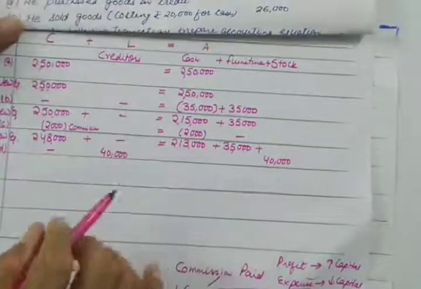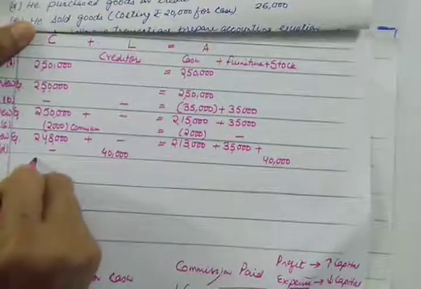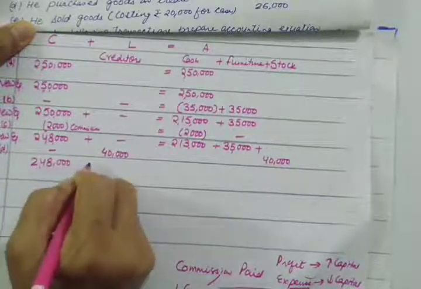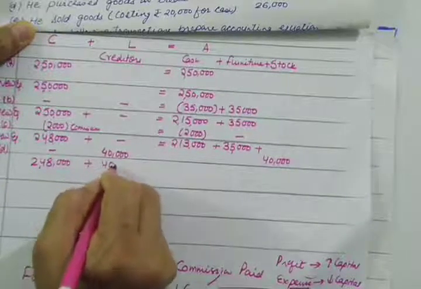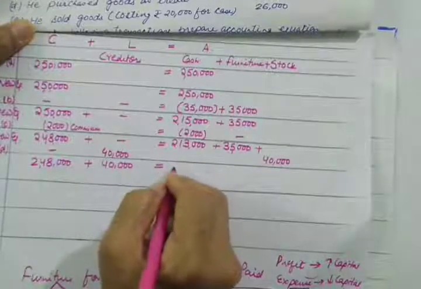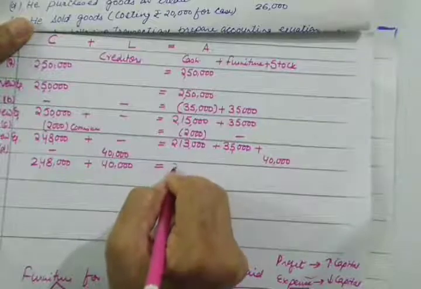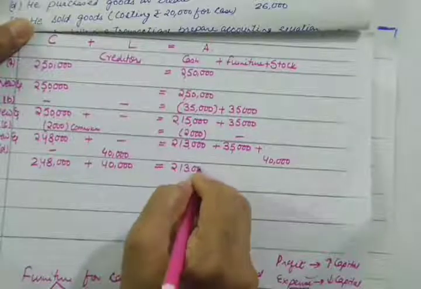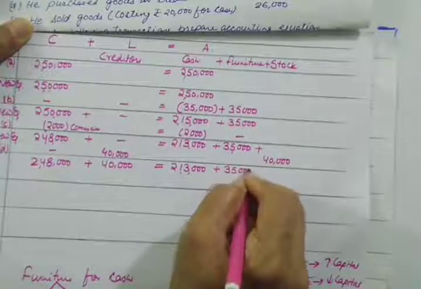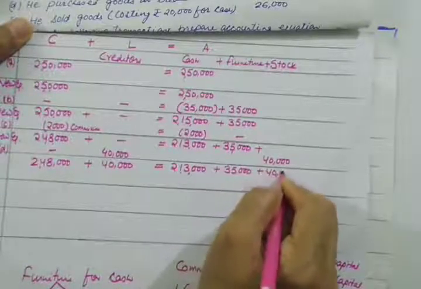Otherwise this accounting equation is very easy. This is a sort of practice to enable you to understand the impact of a transaction, the double side impact, two side impact of a transaction. 2,13,000 plus 35,000 plus 40,000.